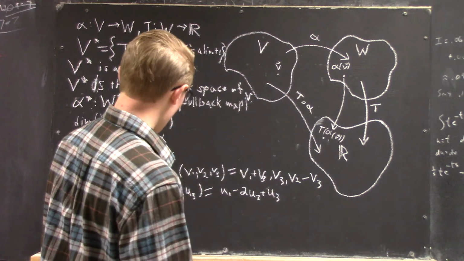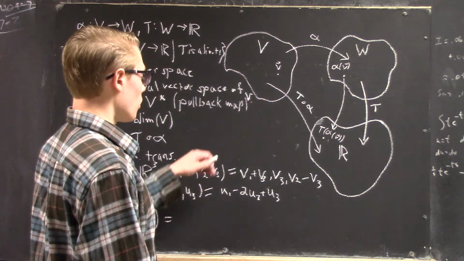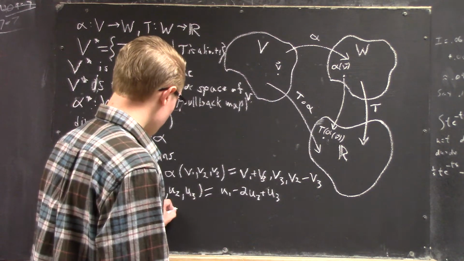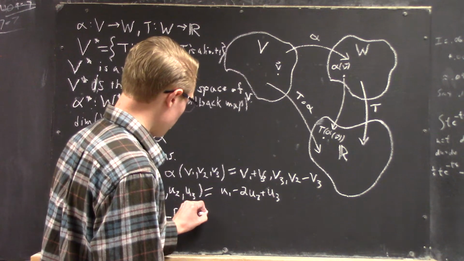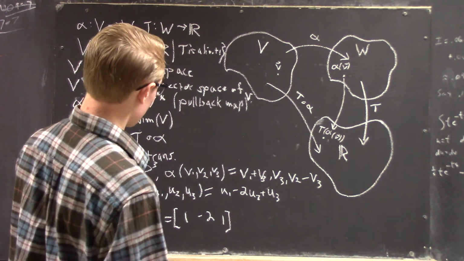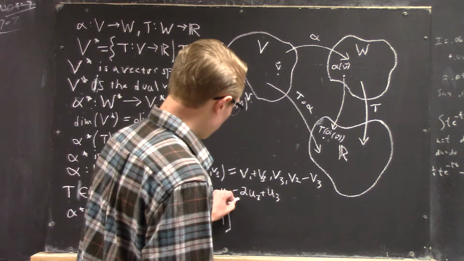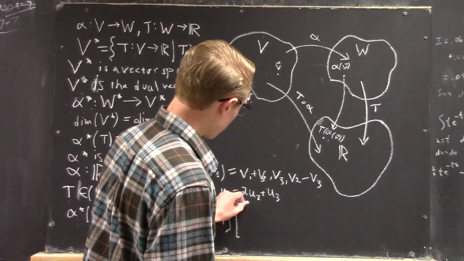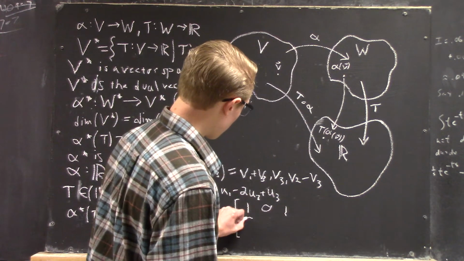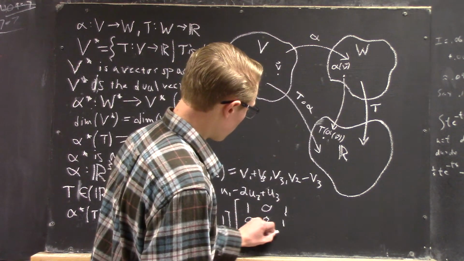Well, T is going to be represented by a 1 by 3 matrix, and that will, of course, be 1, negative 2, 1. And our 3 by 3 matrix for the transformation, the function alpha, will be 1, 0, 1, 0, 0, 1, and 0, 1, negative 1.